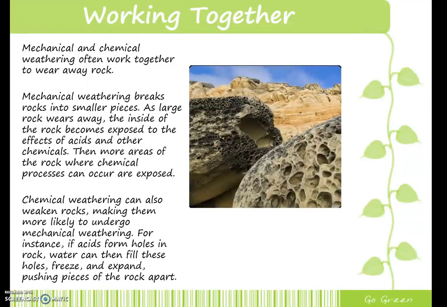So then that gives chemical weathering a chance to take hold. The opposite can happen. Chemical weathering can weaken the rocks, making them more likely to undergo mechanical weathering. For example, if an acid forms holes in a rock, like we see right here, then water might get into those holes, freeze, expand, and push the rock apart.